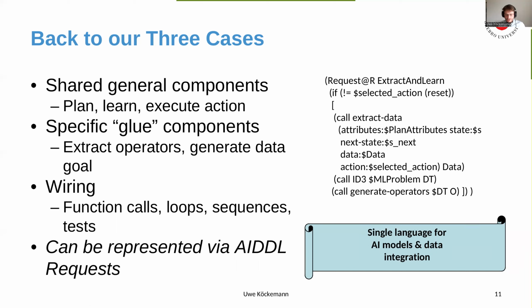All of this can be represented in AIDDL directly via requests. On the right side here, we see an example request just to show what it looks like inside. This is part of the learning for planning example, where we extract our data, then get our decision tree, and then we generate operators from this.